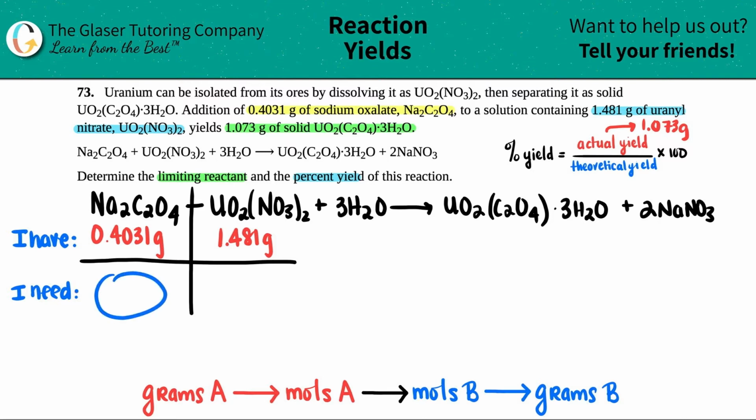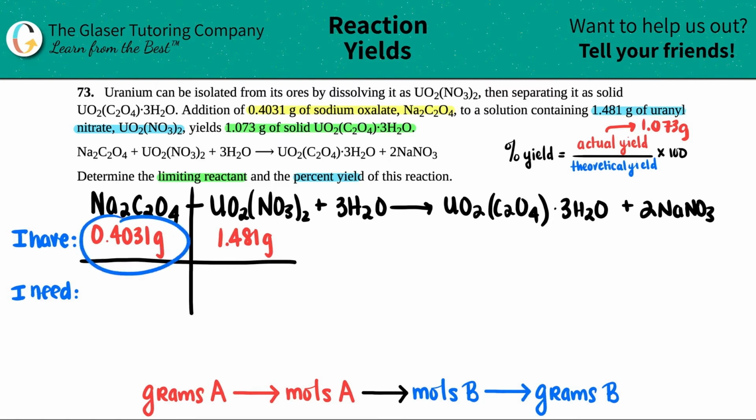We're either going to find out how much I need of this compound or of this one. It doesn't matter which one you solve for, but the way you do it is you take one amount that you have and find out what the answer is for the other compound. So if I take this amount, I'll find out how much I need. Doesn't matter which one you use, you will get the same answer at the end. Since this is on the left-hand side, I guess we'll go with that.